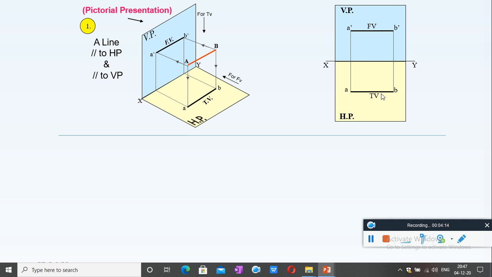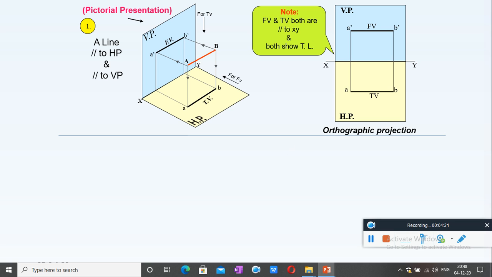Both the views, front view and top view, give the true length of the line. If the line is 50 millimeter, we can mark 50 millimeter here, and here also it will be 50 millimeter. That is the method, orthographic projection. Both front view and top view are parallel to XY line and both show the true length.